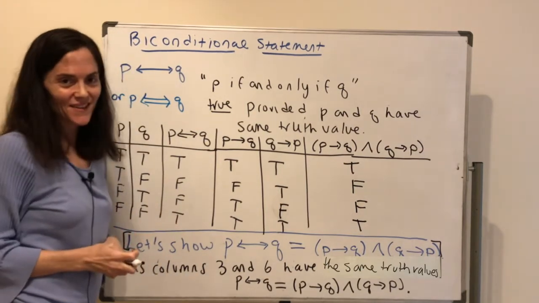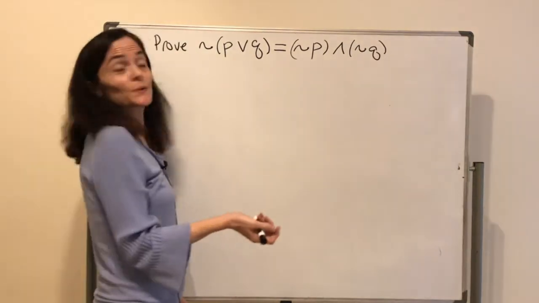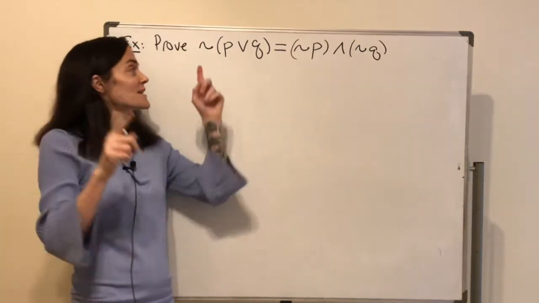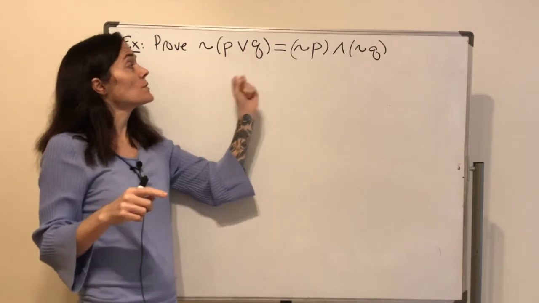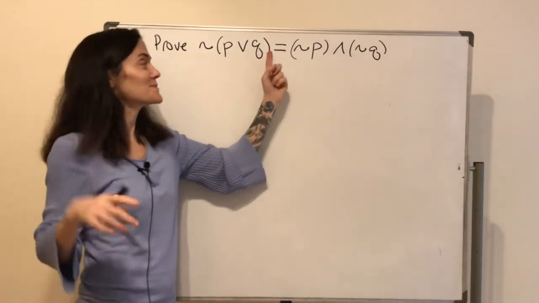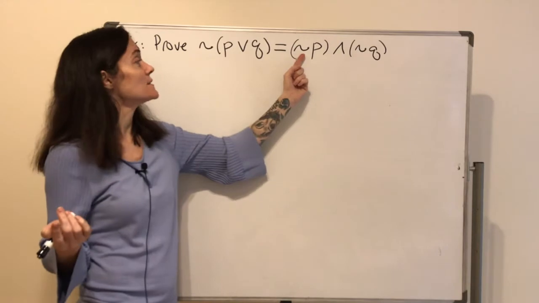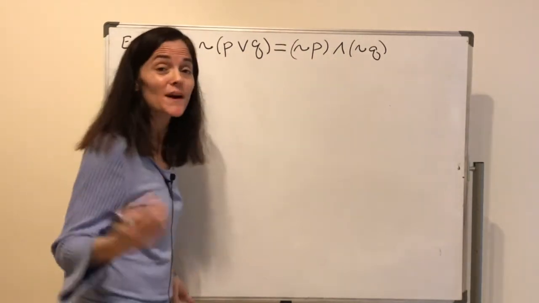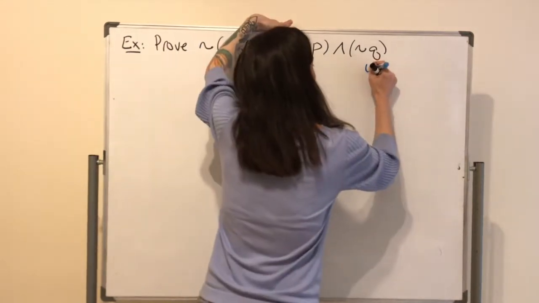Well, let's do another example. Let's prove if you take P or Q and then a not, so not (P or Q), this is equal, and this means logical equivalence here, to not P and not Q. This, I will just say, is one of De Morgan's laws.